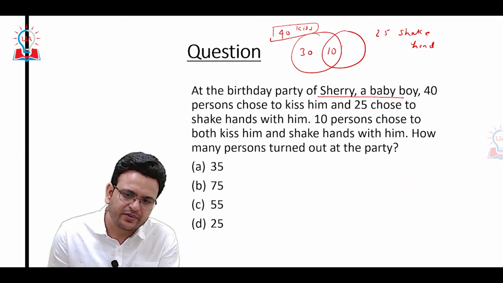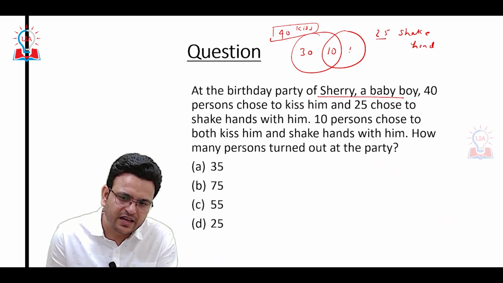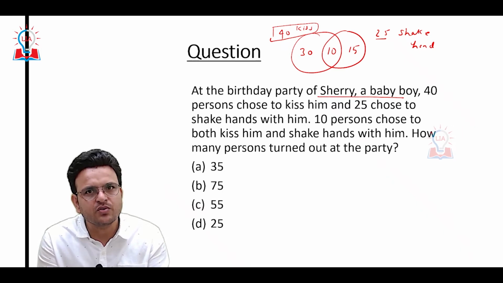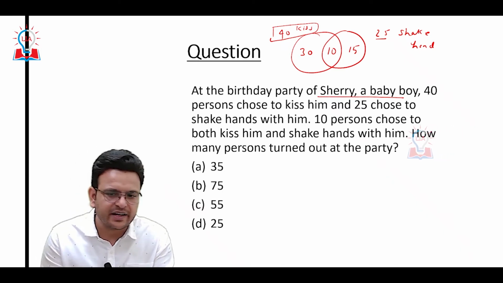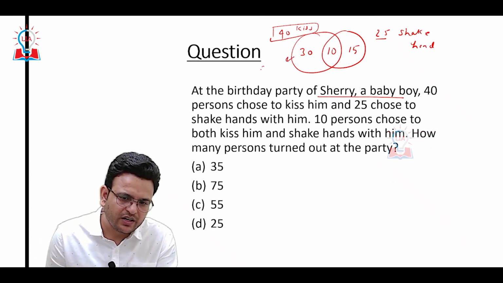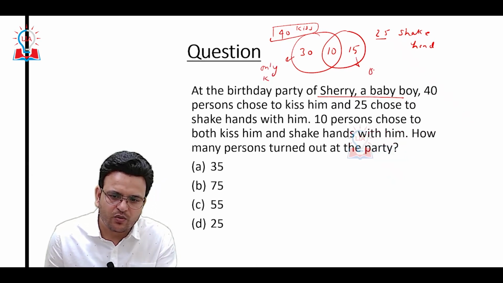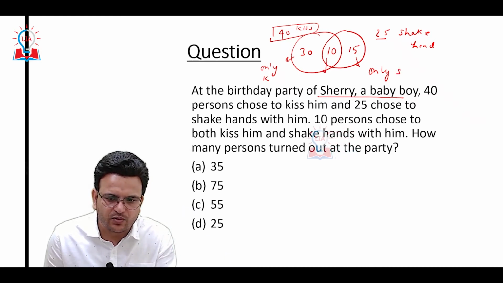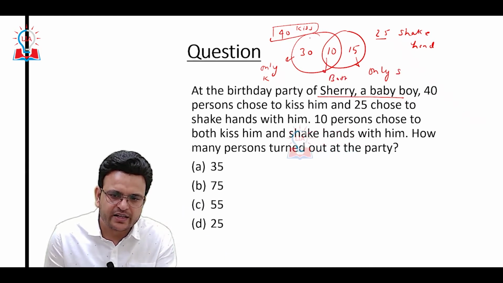So 25 minus 10 is 15. So 15 people only shake the hand, 30 only kiss, and 10 both. Okay, this is A, this is B, this is C.